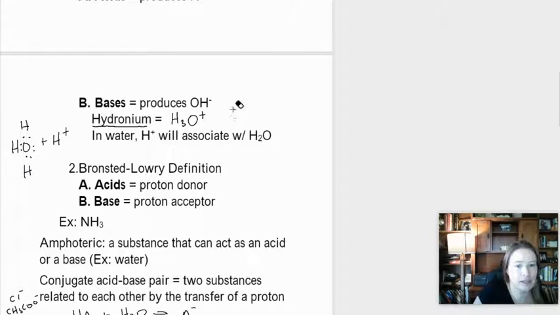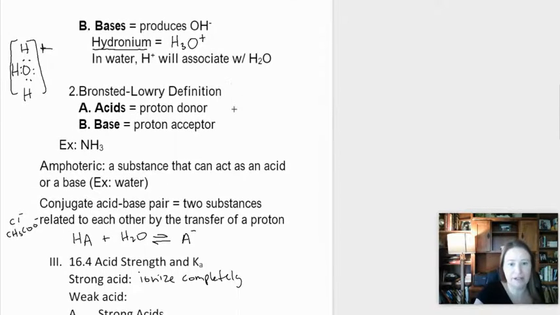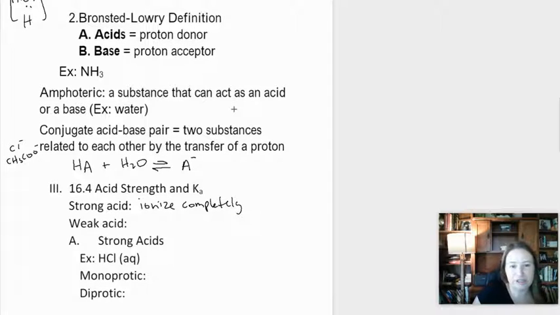What you get is H3O plus. So this right here is my hydronium ion. When the H separates from the acid, you have H plus floating around, you add it to the water, and you are forming H3O plus.